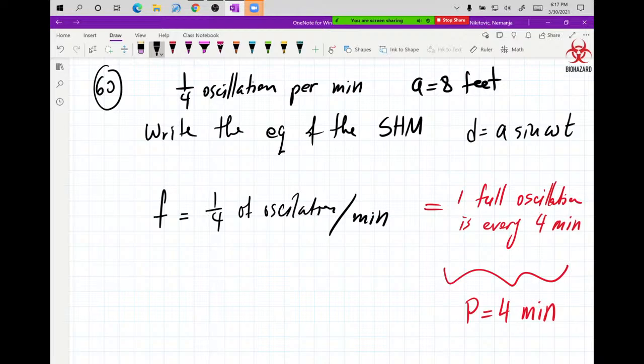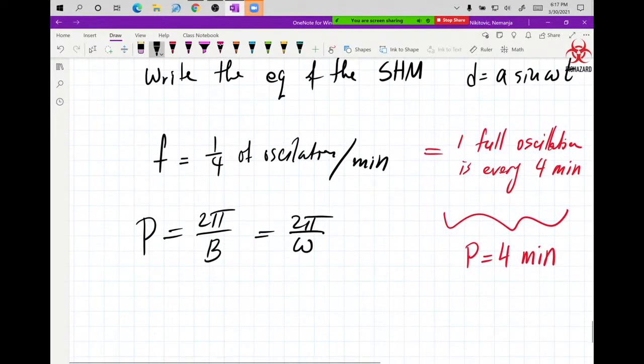Period of the sine is 2 pi, and then remember, we need this formula. Whether you want to use it as b when you did your graphing before, or with omega, period equals 2 pi over b or 2 pi over omega. I don't care which notation you want to use. When you are in physics, you should obviously use omega, and when you are in math, you should use b, but it doesn't really matter. It's the same thing.